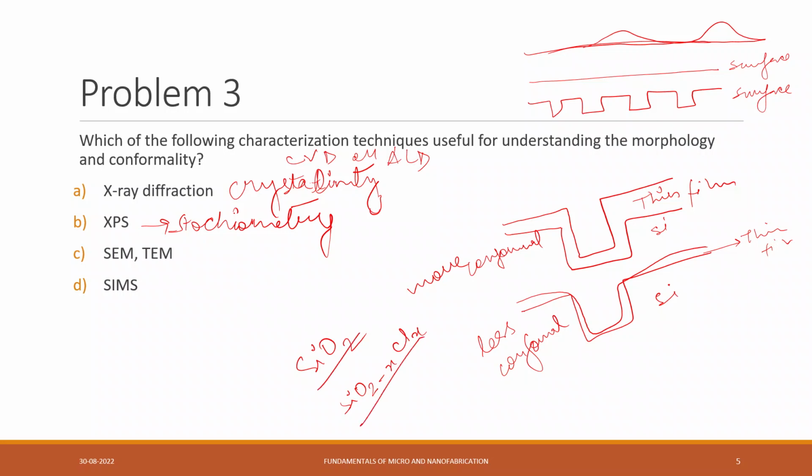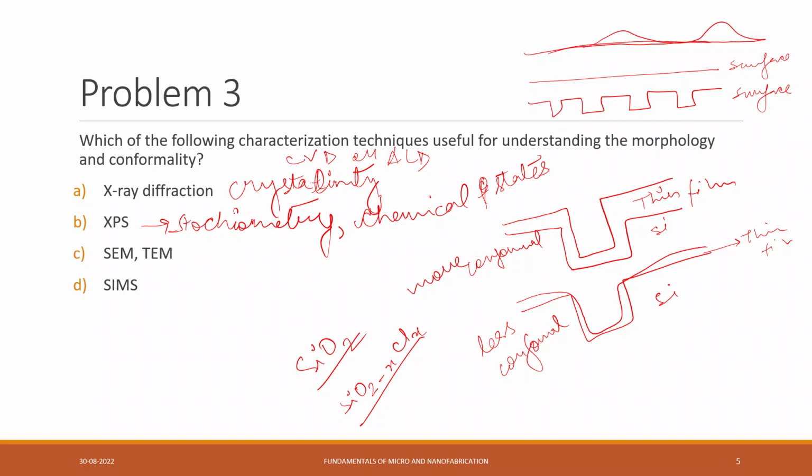So for understanding the chemical formulations, the chemical entities present on your surface, XPS, X-ray photoelectron spectroscopy, is one of the important techniques, for understanding the stoichiometry and the chemical states.